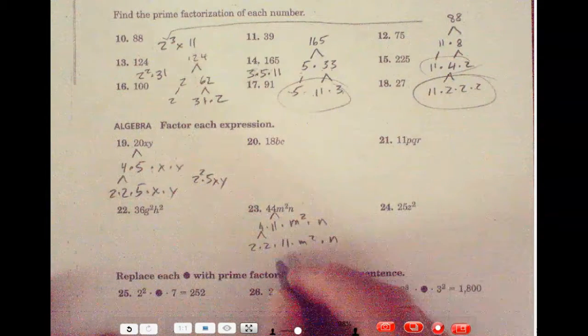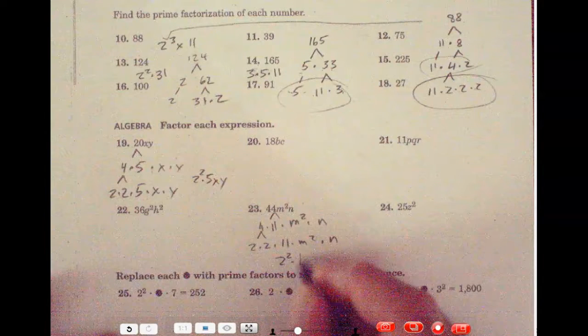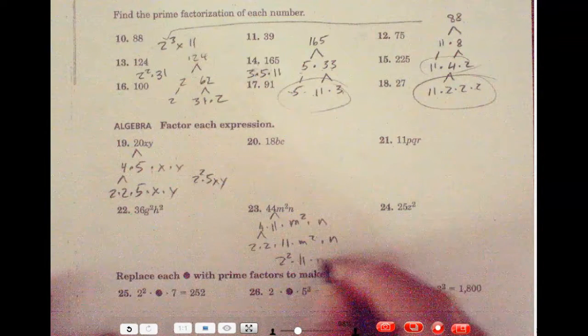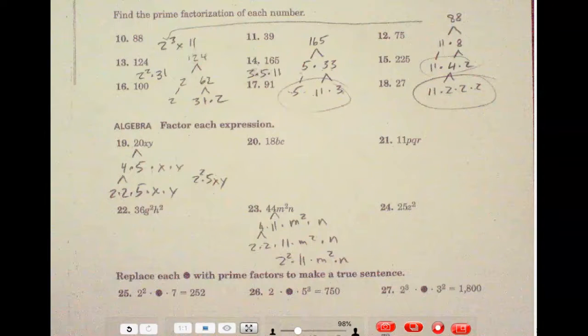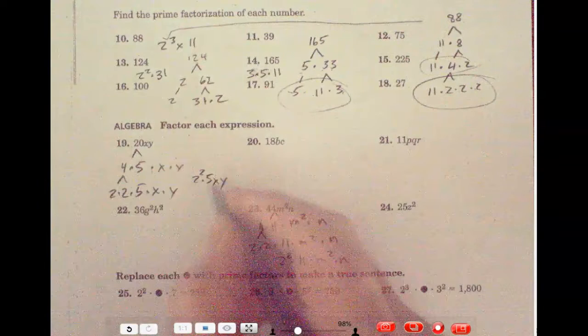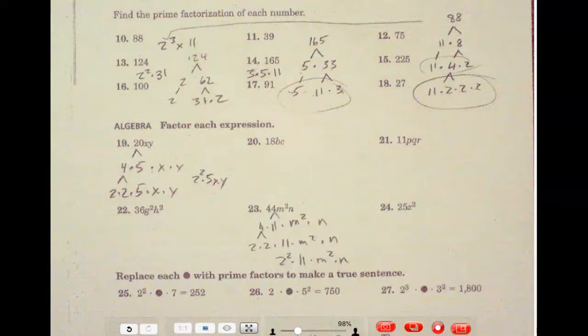We can combine it all and say it's 2 squared times 11 times m squared times n. Then you could take the multiplication sign out here at the end if you want. Or you could put it in up here if you want to. Okay, so just factor them out like that.